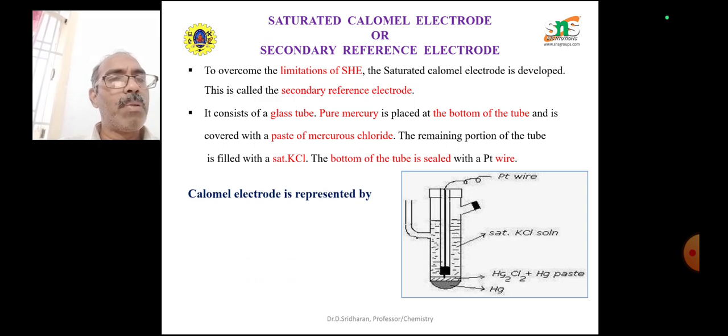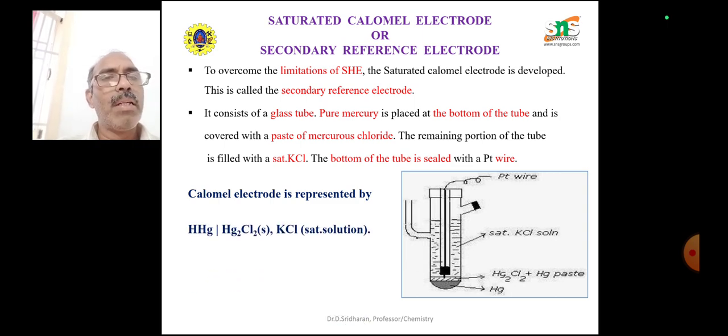This figure shows the setup: the bottom of the tube is filled with pure mercury, over it is the mercurous chloride plus Hg paste, and at the top of the tube is saturated potassium chloride solution. The calomel electrode is represented by Hg | Hg2Cl2 | KCl.